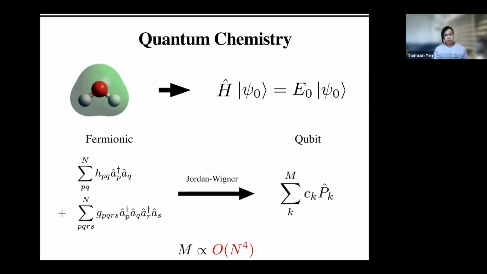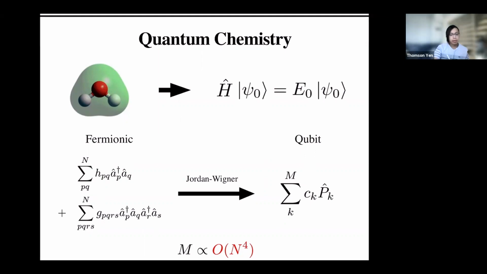So after we have written down the fermionic Hamiltonian from physics, you can do something called Jordan-Wigner transformation or Bravyi-Kitaev, and that will allow you to go to the qubit representation. In the qubit representation, instead of creation and annihilation operators, you have these P_k operators, and they are just tensor products of X, Y, Z operators.